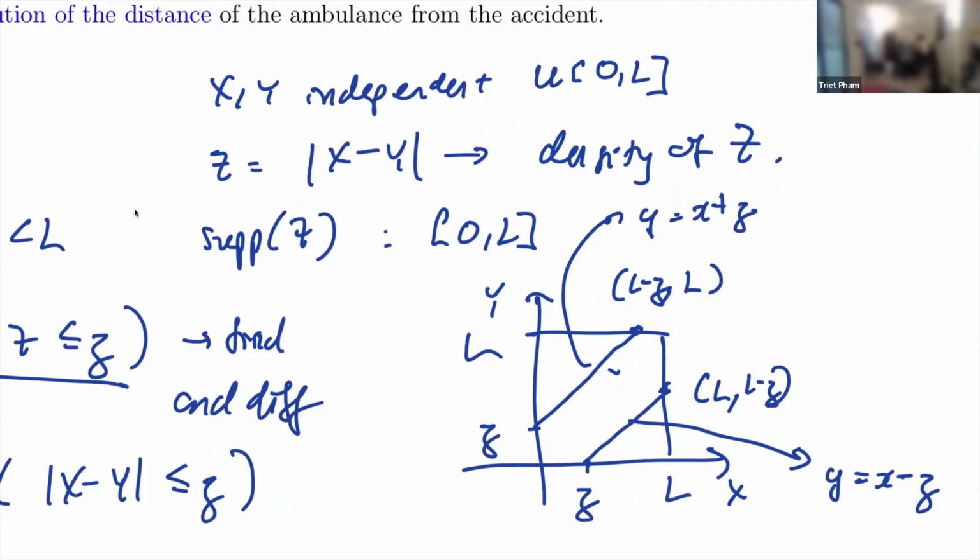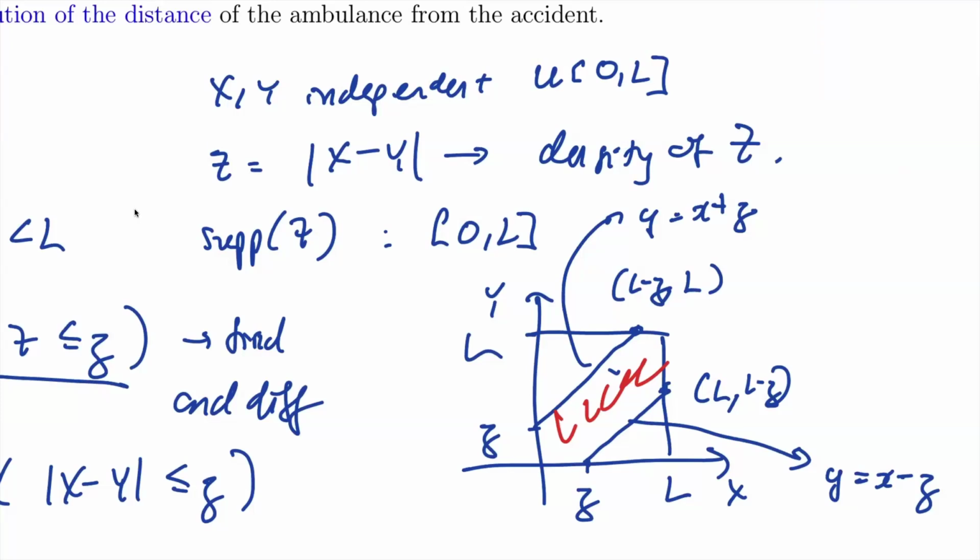Okay, so how do we find this area? We can just take the complement, the square minus the triangles.